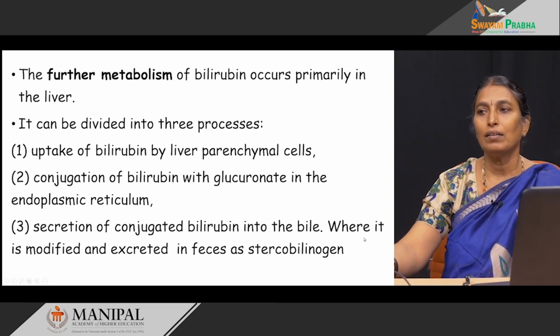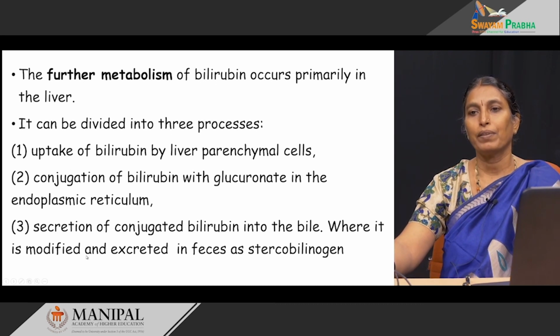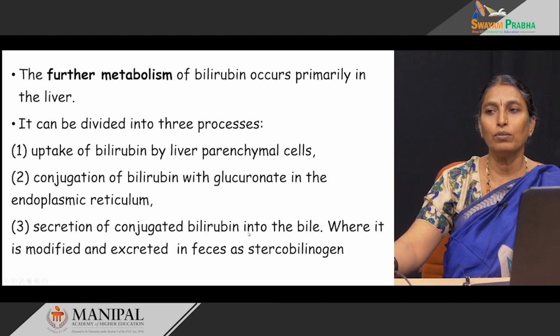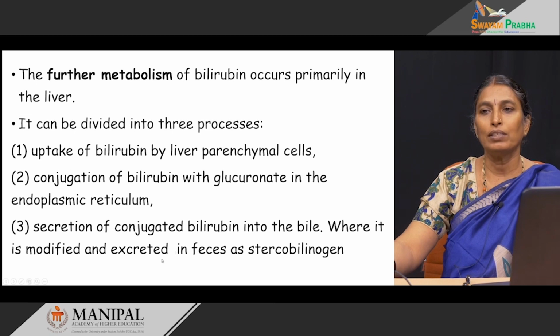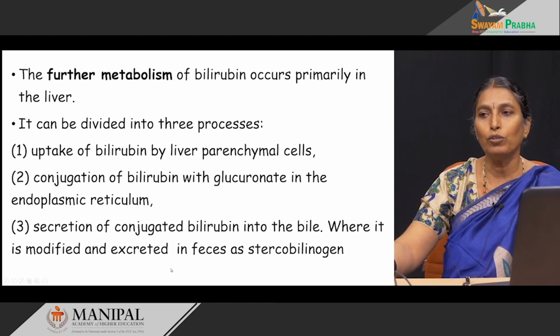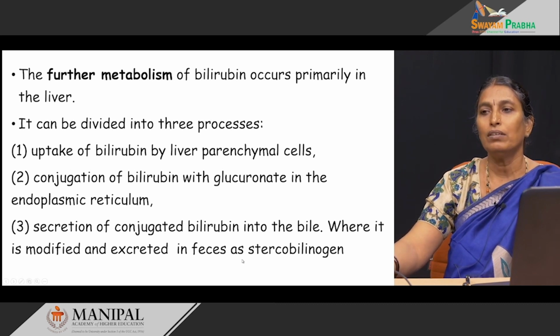There the bilirubin gets modified first by the bacterial flora. These bacterial enzymes first convert bilirubin glucuronide to free bilirubin, meaning deconjugation happens, and this bilirubin becomes urobilinogen, and urobilinogen becomes stercobilinogen and is excreted through the feces.